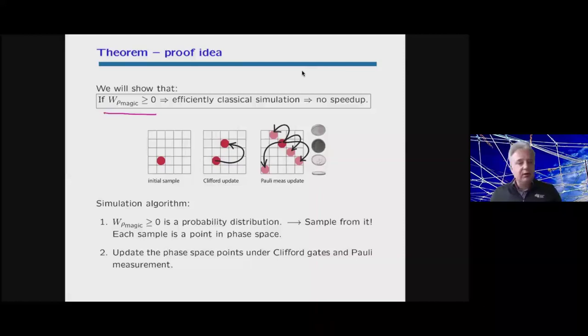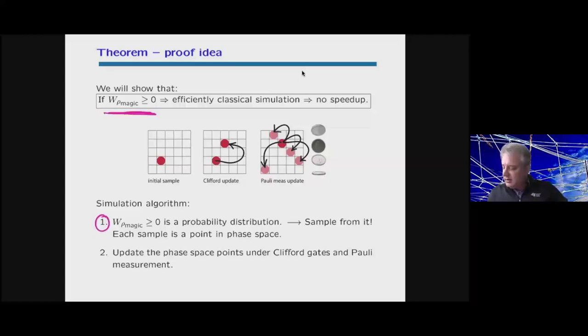Here you see how it works. The initial step of the simulation algorithm is that you sample from this Wigner function. It is now, by assumption, a probability distribution, so you can sample from this. And that's how the simulation algorithm starts.